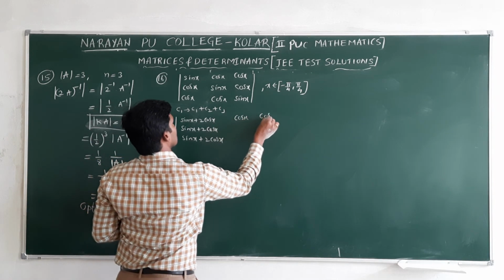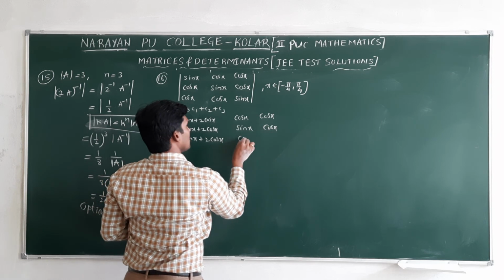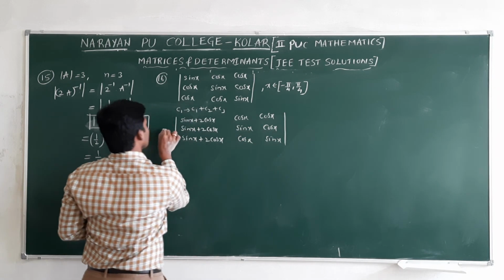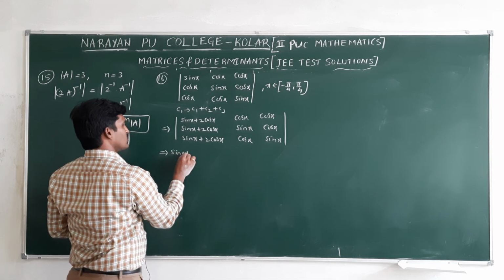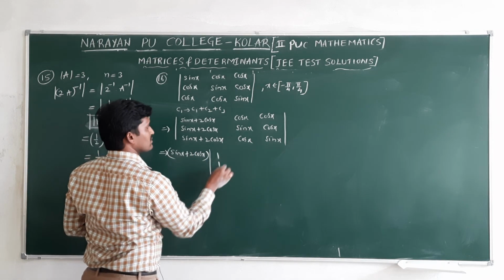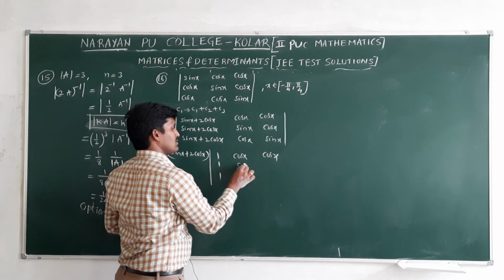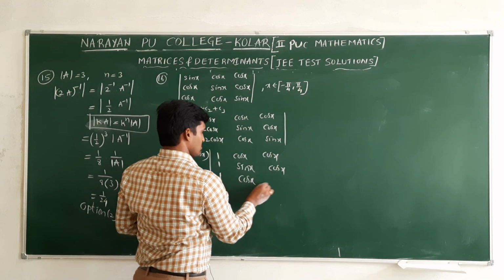Remaining columns are cos x, cos x, sin x, cos x, cos x, sin x. Sin x plus 2 cos x is common, outside the det of 1, 1, 1 in the first column, then cos x, cos x, sin x, cos x, cos x, sin x.